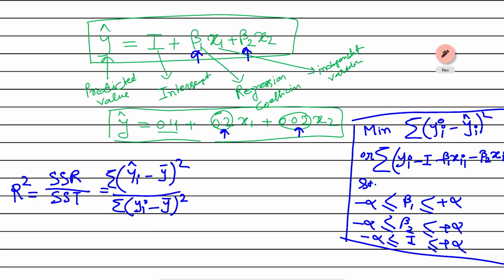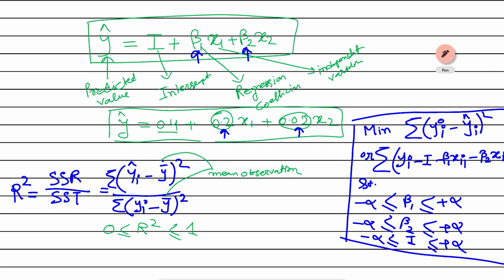Now this y bar is nothing but the mean observation. This ratio generally lies between 0 to 1.